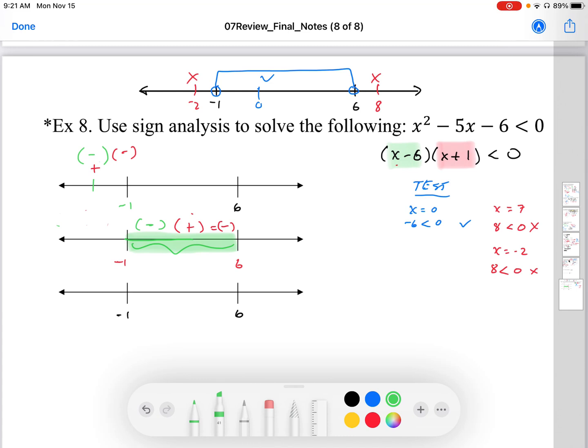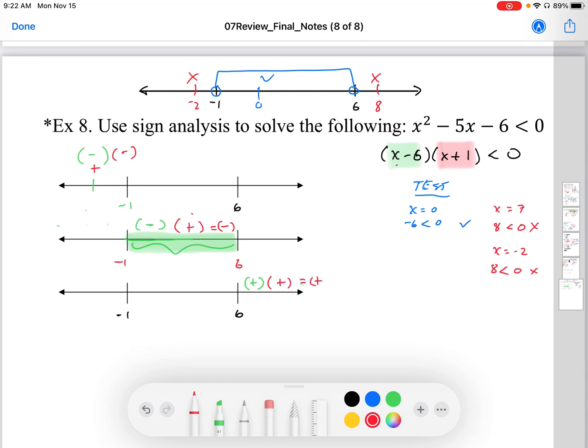And then I could do my sign analysis in this region over here on this side. When we plug in numbers bigger than 6, if I plug it into the green bracket, I'm going to end up with positive. If I plug it into the red bracket, I'm going to get positive.